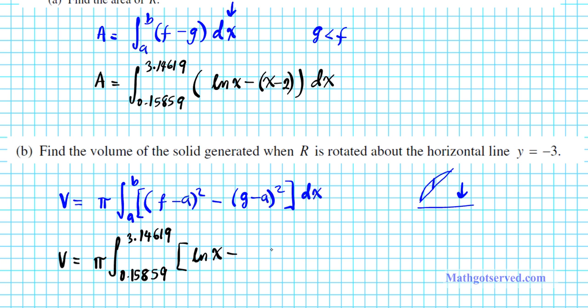So minus -3, of course, is going to become +3. This right here is your outer radius squared, minus g, the function on the bottom, x minus 2, minus a, minus -3 becomes +3, quantity squared dx. Okay, so this is what you get if you're using the formula directly.